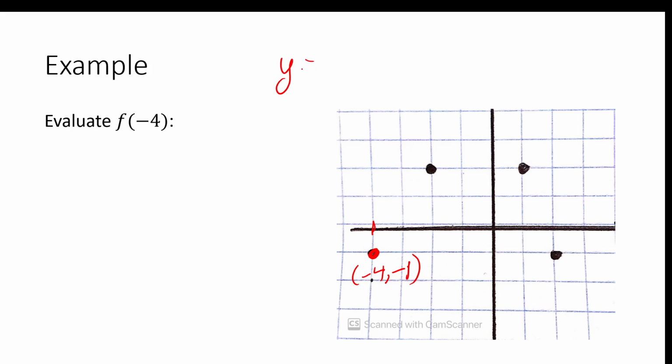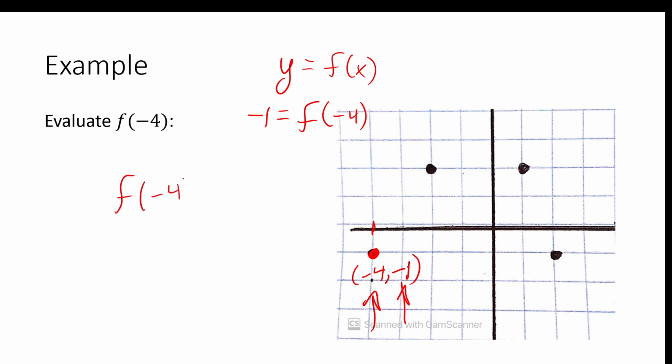Since y is equal to f of x, that means the y coordinate, which is negative 1, equals f of the x coordinate, which is negative 4. So quite simply, f at negative 4 equals negative 1. And that's the final answer.